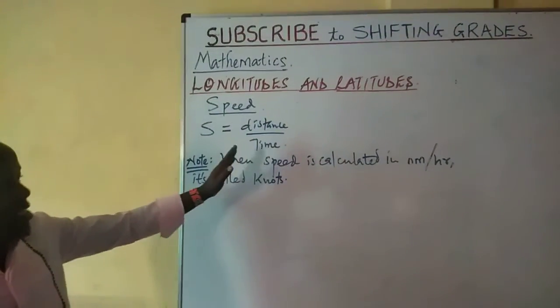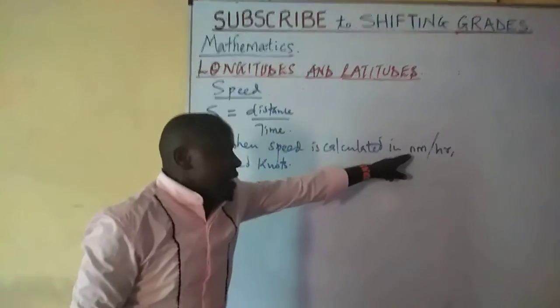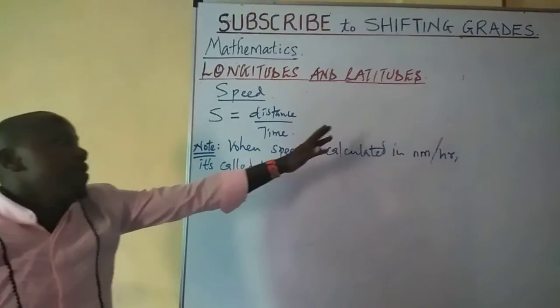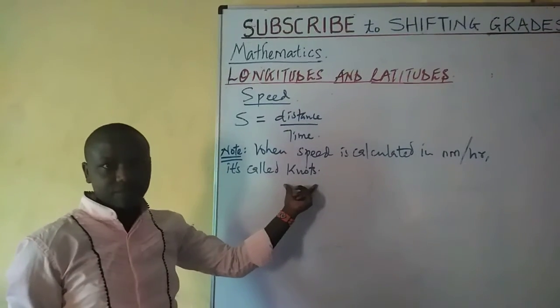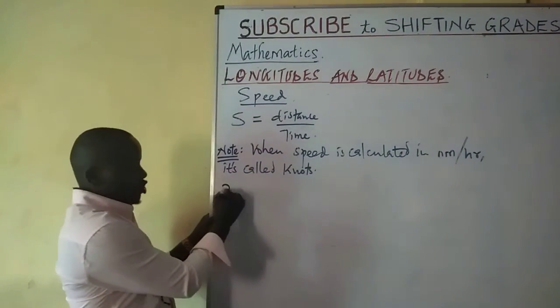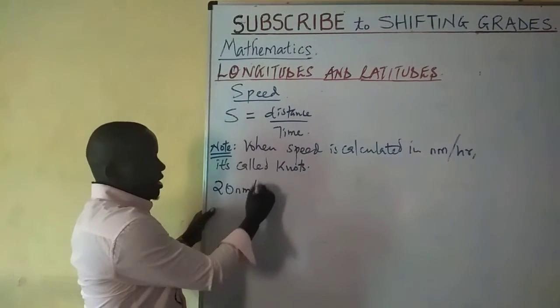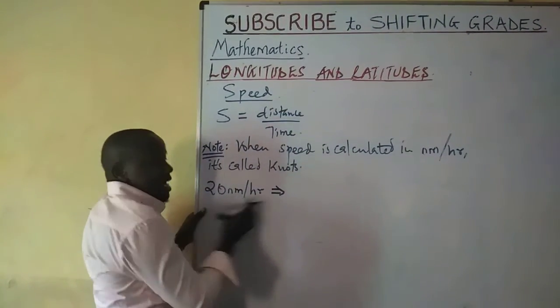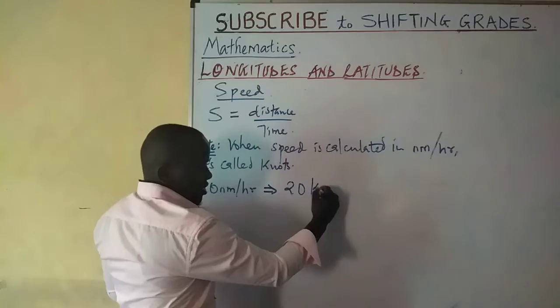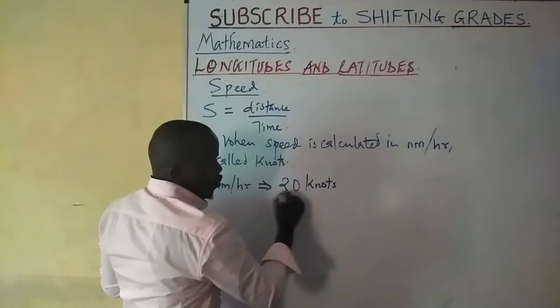So, if you are relating the nautical miles covered per hour, then such speed is said to be in knots. If you have covered 20 nautical miles in an hour, then we say the speed in this case is 20 knots.